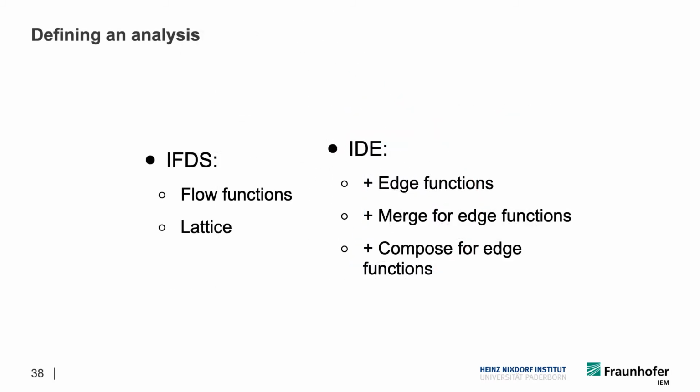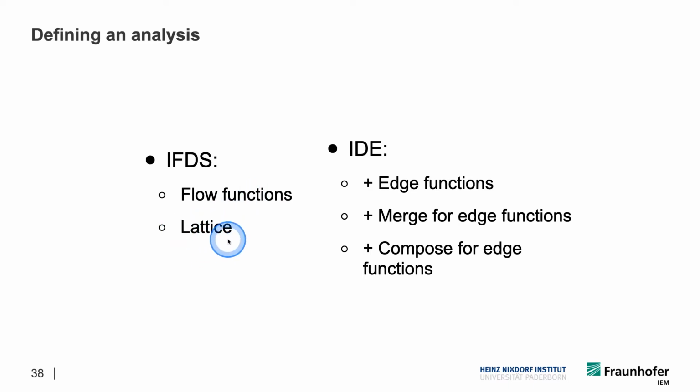And yeah, talking a bit more about how to actually implement concrete instances of the IDE framework. When you are instantiating an IFDS problem, for instance, using a program analysis framework such as Soot, and we also have an IFDS implementation based on Soot that is called Heros, then Heros will ask you to actually define flow functions and a lattice, right?